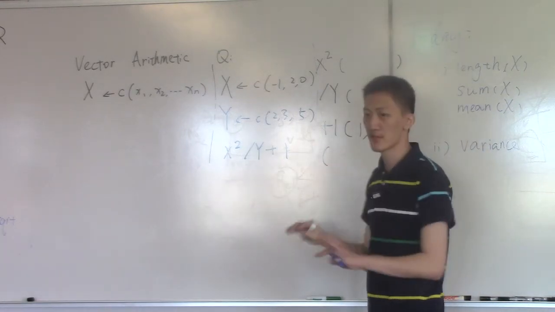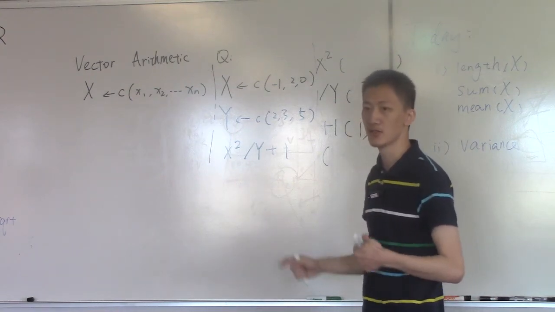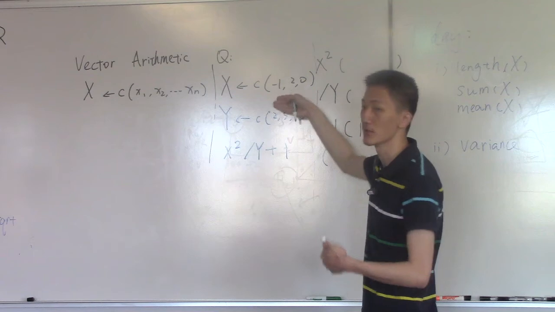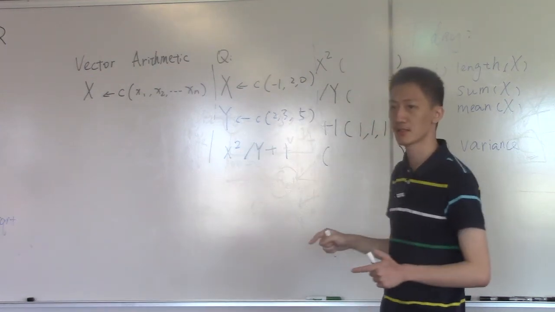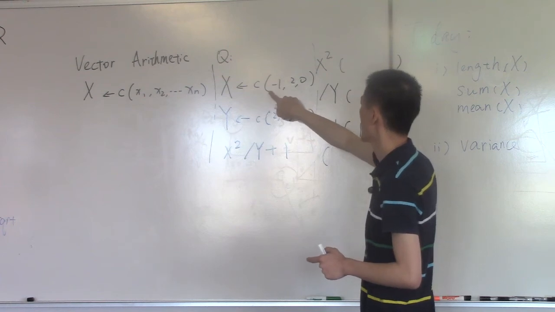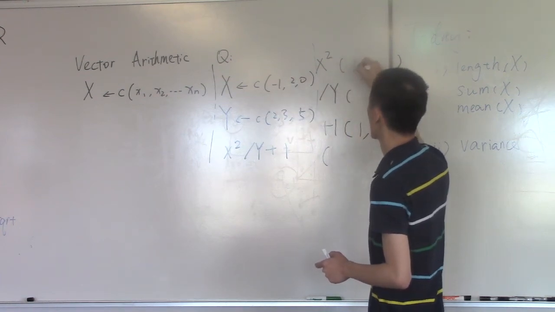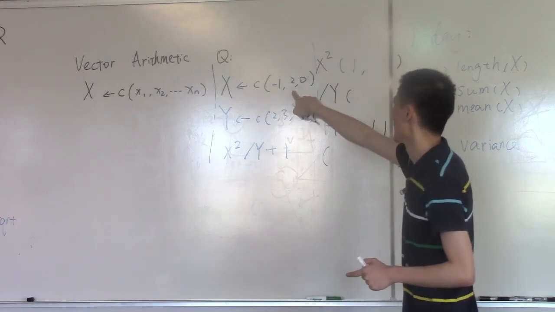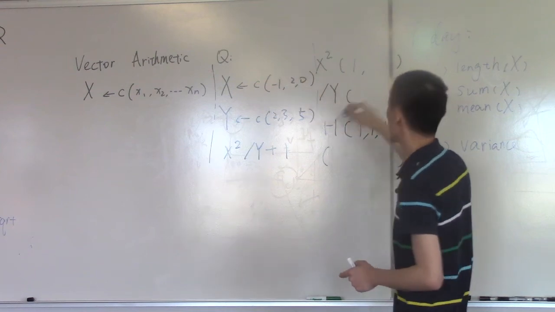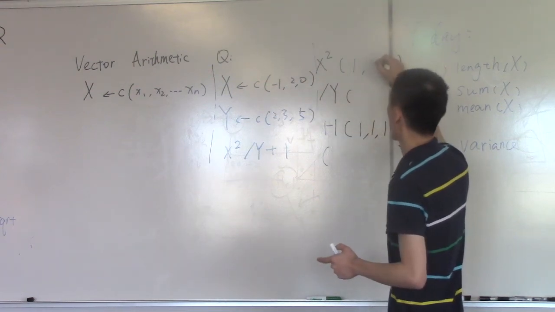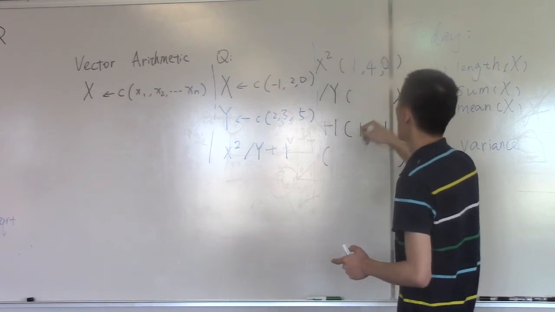Remember that the principle of vector arithmetic is you do operations element-wise. So if you do x squared, that means x times x. So you're going to have minus 1 squared in the first component. So it is 1. On the next component, you're going to do 2 squared, so it will give you 4. And 0 will give you 0.